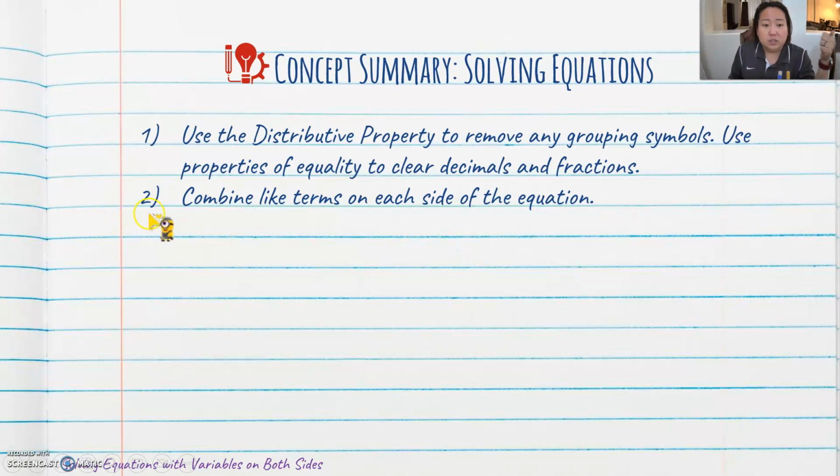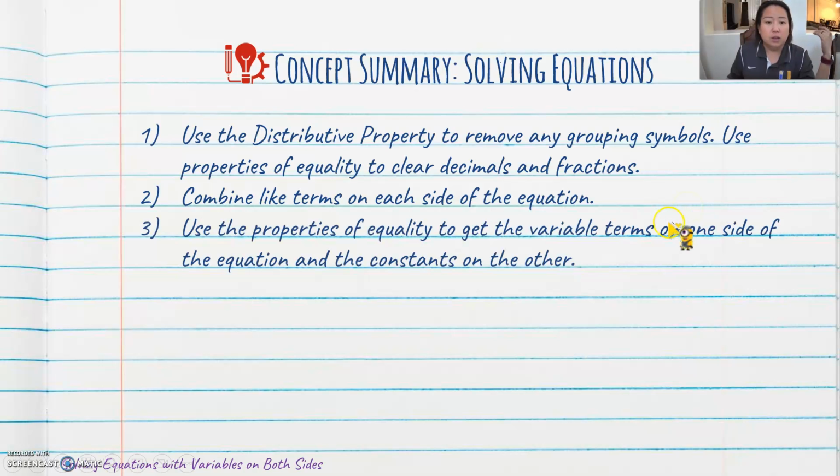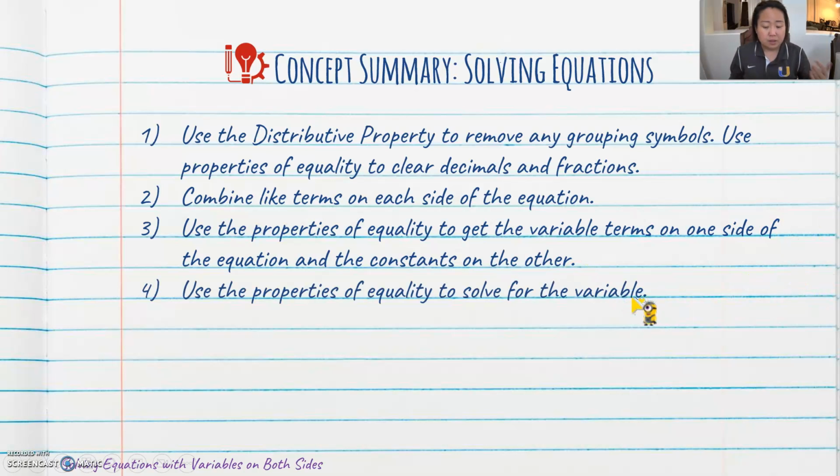Okay? Next thing, once all of these are done, you combine like terms, okay? Make sure that all the terms on each side of the equation are combined. And then you can move around your variables, making sure that one side has all the variables, the other side of the equation has all the constants. And then you use the properties of equality to solve for the variable.